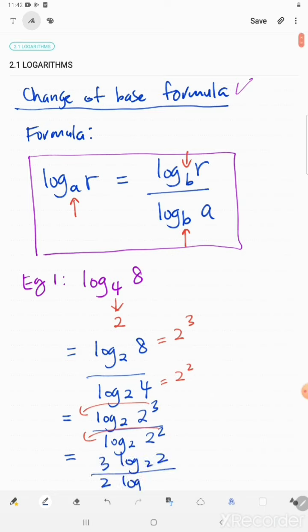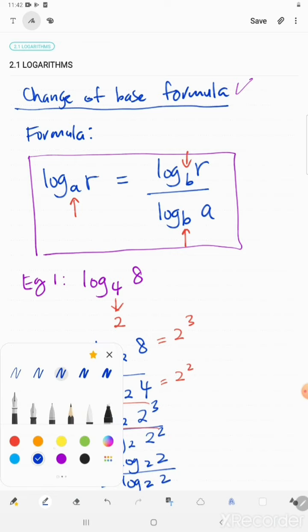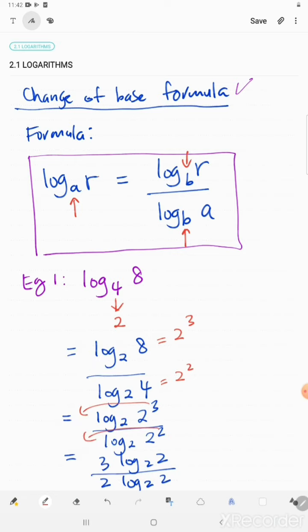Now we can see that these two values are the same. We have log 2 base 2, and this is equal to 1 actually, right? So the answer left for this question is 3/2.